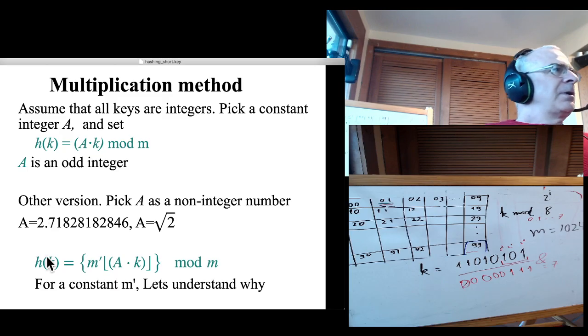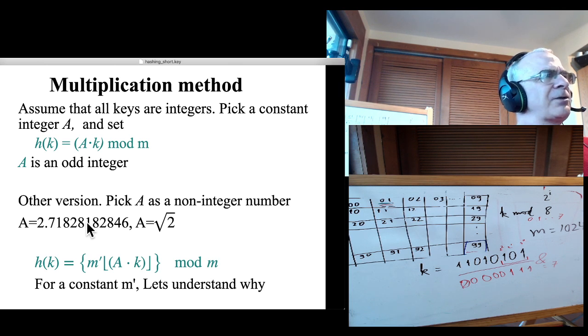Okay, or a equal, I think it's 1.7 something something something. And now what should your hash function be? Pay attention. I take k, an integer, the key of the student.